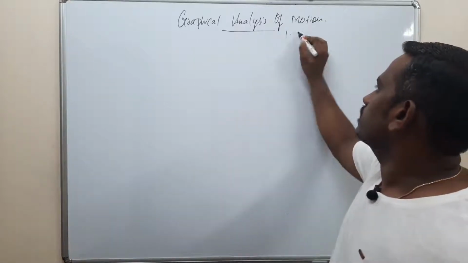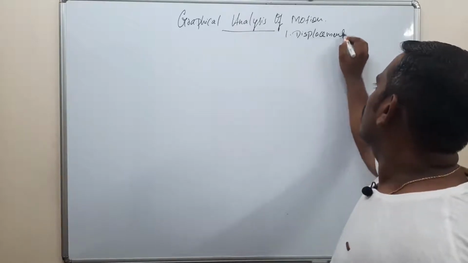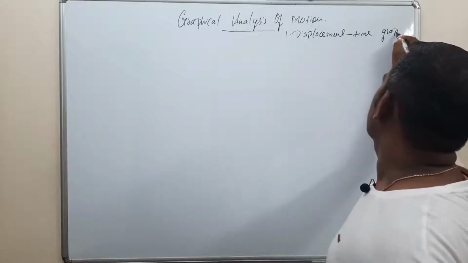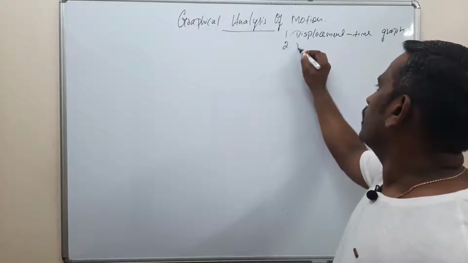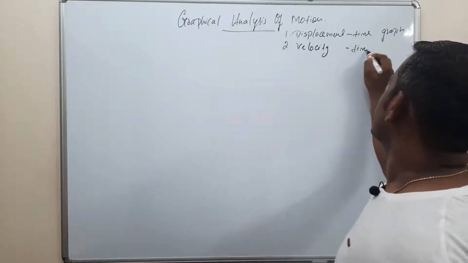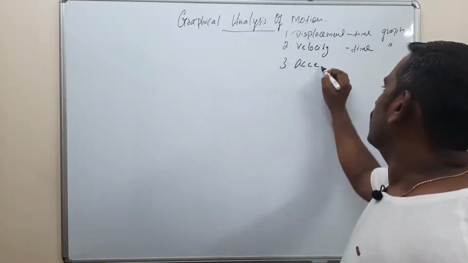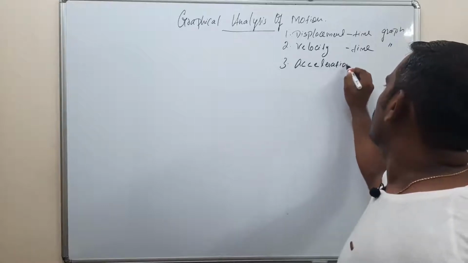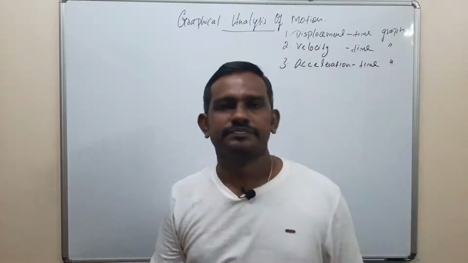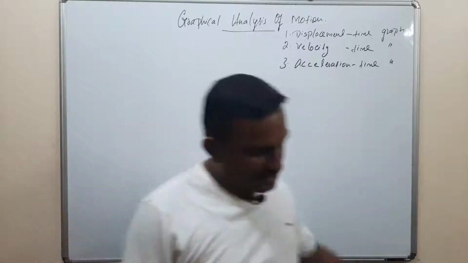One, displacement-time graph. Two, velocity-time graph. Third one, acceleration-time graph. These are the three graphs we are going to discuss in this session.